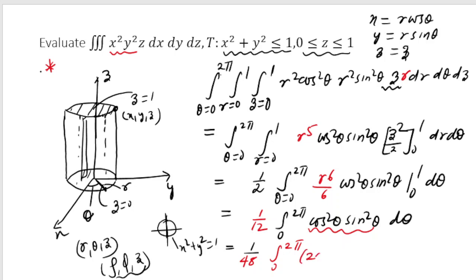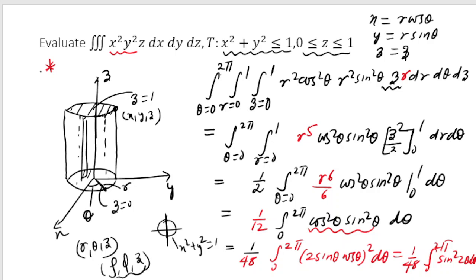So it will become 2 sin theta cos theta whole square d theta, and that is 1 by 48. Limit is 0 to 2 pi, and sin square 2 theta d theta. 2 sin theta cos theta is what? Sin 2 theta. So sin 2 theta square.